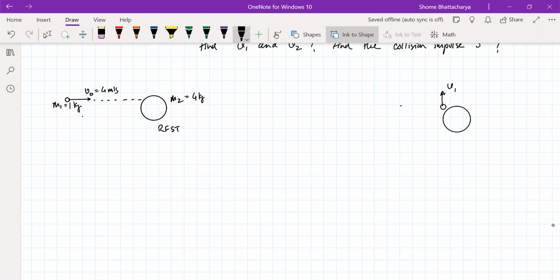That this one has a velocity which is perpendicular, and this one at an angle with respect to the line of V naught.